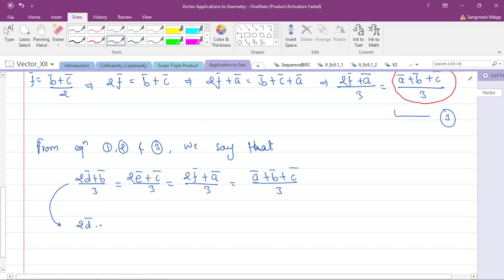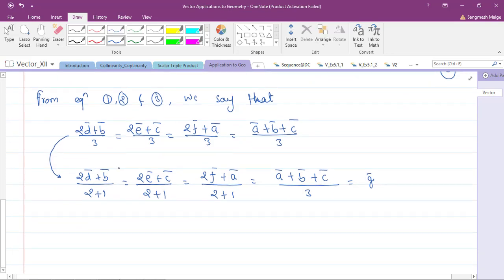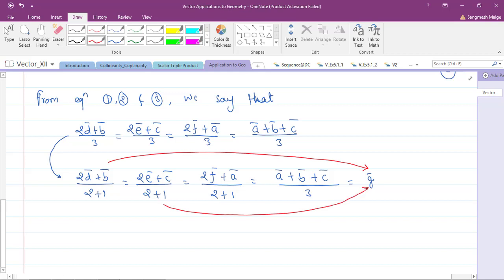So (2d bar plus b bar) upon (2 plus 1) is equal to (2e bar plus c bar) upon (2 plus 1), which is equal to (2f bar plus a bar) upon (2 plus 1), which is equal to (a bar plus b bar plus c bar) by 3, and this is equal to g bar, the position vector of the centroid. Means the first part is equal to g bar, the second part is also equal to g bar, the third part is also equal to g bar.